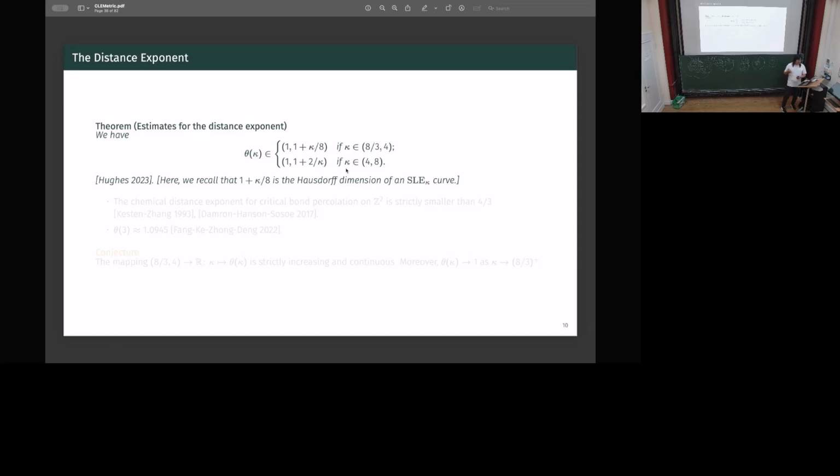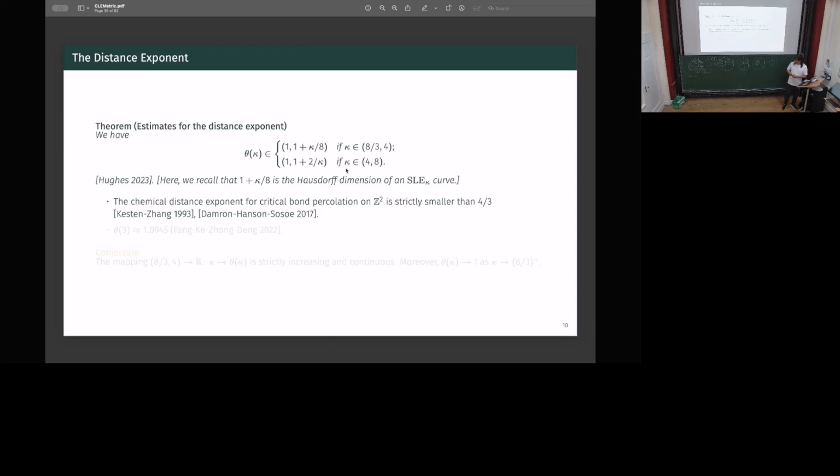So this distance exponent is obtained from the continuum setting. So we construct a metric on CLE, which is a continuum thing, and we obtain this exponent. And we can also study this exponent from the discrete setting. For example, in the percolation setting, which corresponds to kappa equal to 6, it was first conjectured by Kesten and Zhang that this theta is strictly smaller than 4/3, and later proved by Damron, Hanson, and Sosoe.